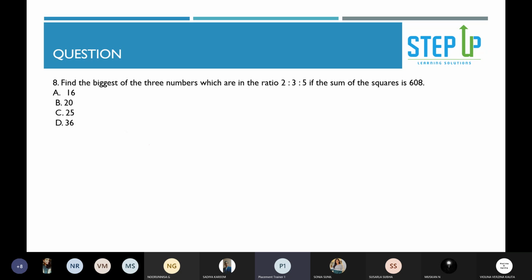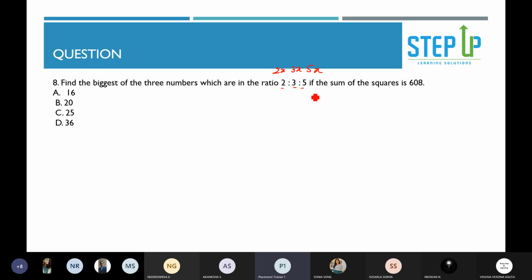Can anyone tell me just the equation form, how you will form the equation from this statement? Ma'am, 2x plus 3x plus 5x is equal to square root of 608. All right, so here 2x, 3x and 5x are the numbers: find the biggest of the three numbers which are in the ratio of 2:3:5.